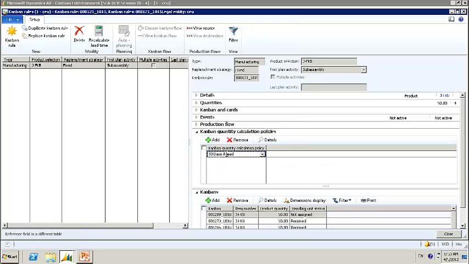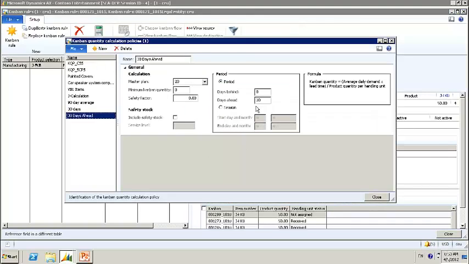So this is the policy that one's based on. And that policy is the formula that the system's using to calculate that quantity: average daily demand times lead time, divided by the quantity per handling unit. That's based on the settings that I put in here.